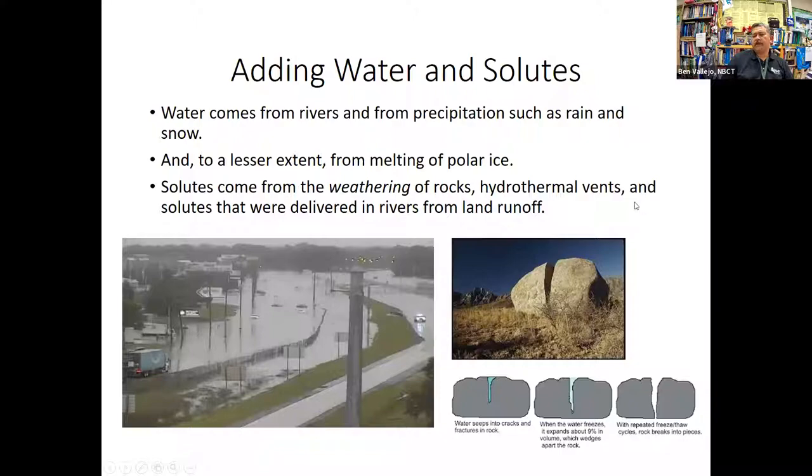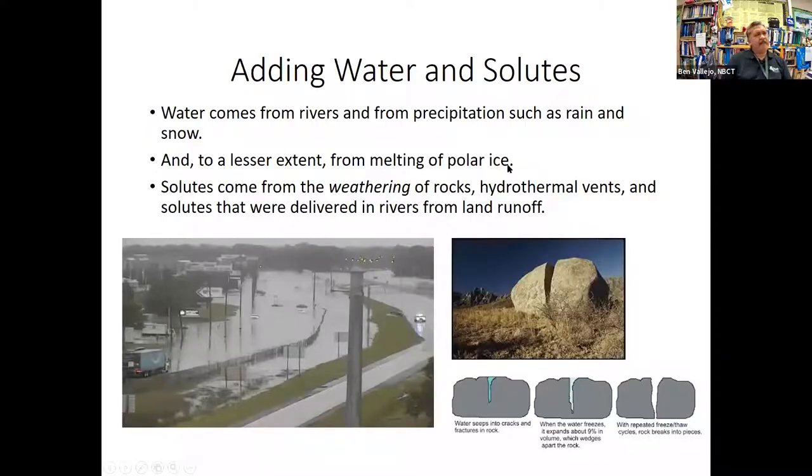So you can add solutes to the water, but you can also add water to the seawater to lower the salinity. It says here water comes from rivers and from rain, from precipitation, and to a much lesser extent, I should have written, from melting of the polar ice caps.